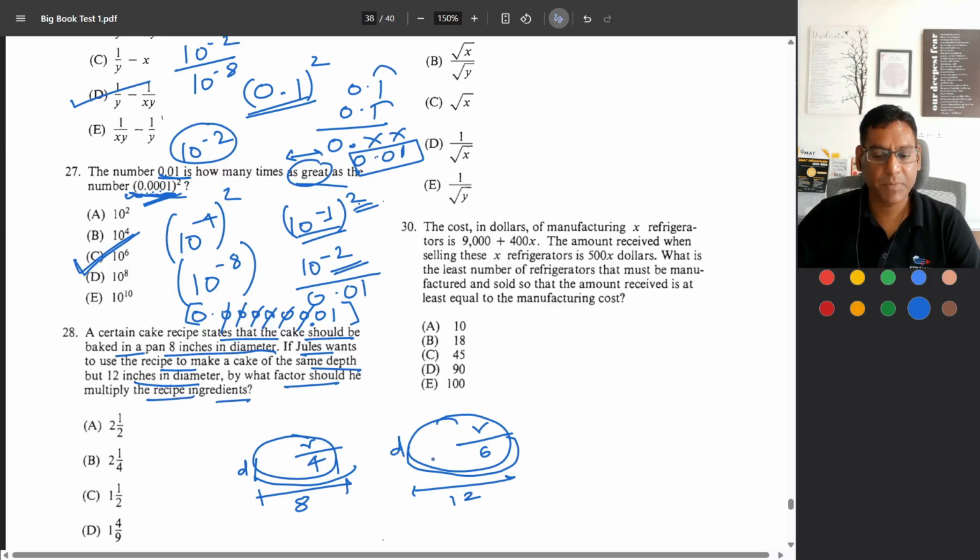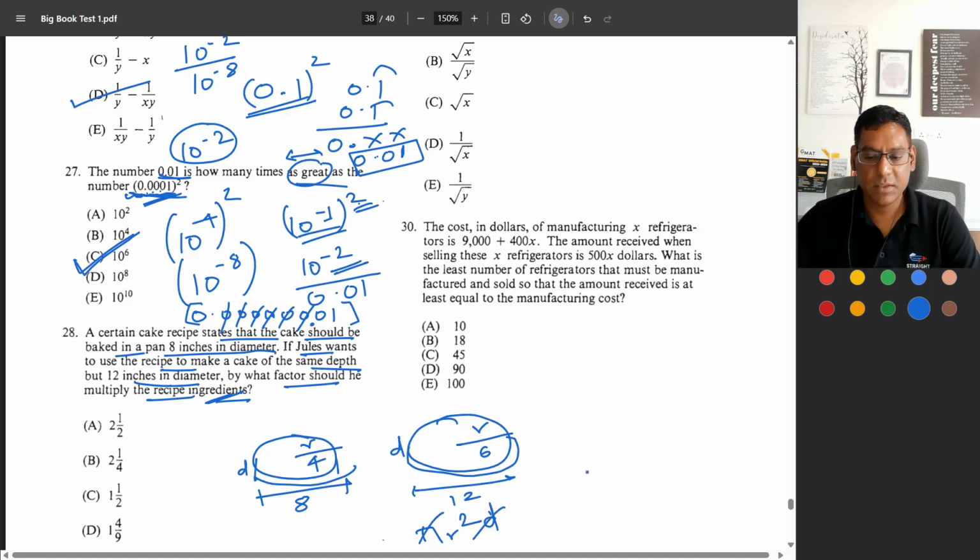Obviously, she wants a bigger cake, right? How much bigger? That's basically the question. We are talking about the ingredients, so we are talking about volume. The volume is going to be pi r square d, depth. d is the same, pi is the same, so we don't really have to worry about them.